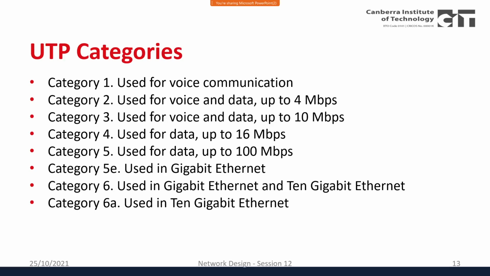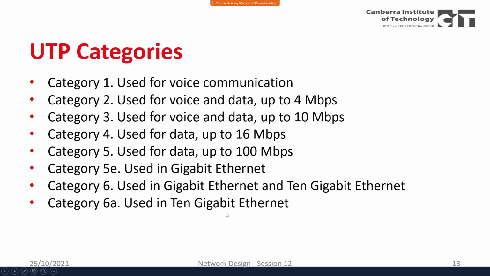So the old categories of cables, category 1, 2, 3, were extremely low bandwidth compared to modern standards. In today's standards, everything lower than 100 megabits per second is considered slow. So nowadays, category 5 and 5e are the most recommended for home applications, small to medium-sized businesses, and so on.